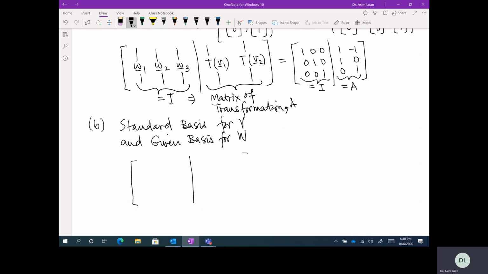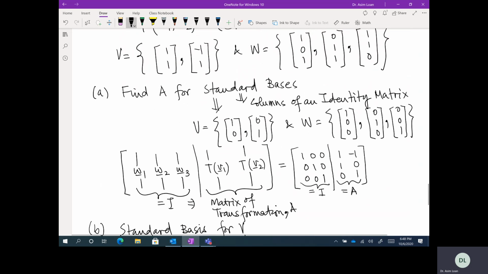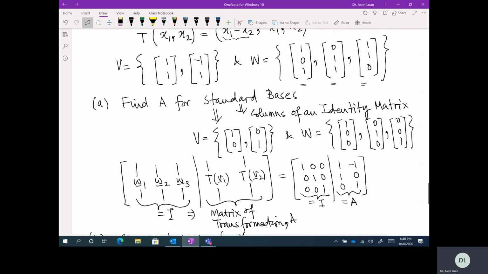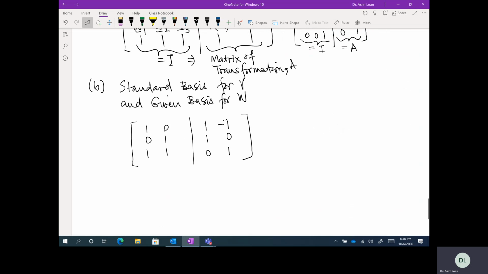So standard basis for V means we have these as is, (1, 1, 0) and (minus 1, 0, 1), and given basis for W means we have these three vectors, (1, 0, 1), (0, 1, 1), (1, 1, 0).